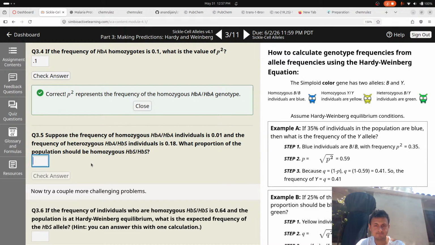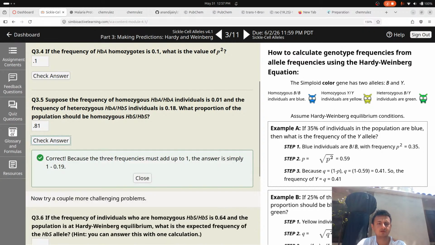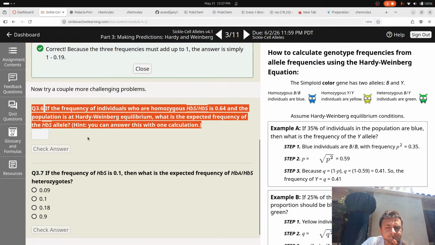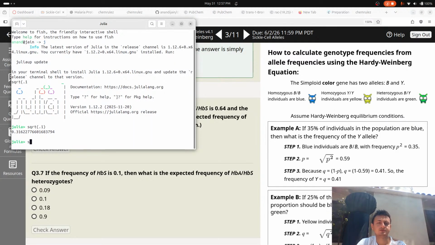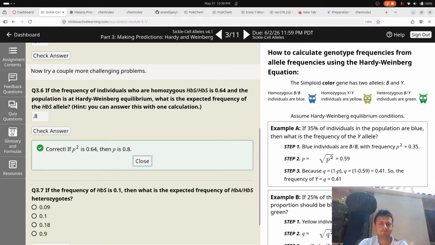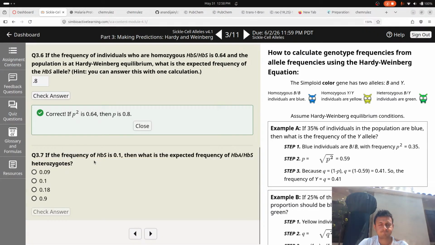0.19. Did I do my math right? So q squared. Okay, so q equals 0.1, p equals 0.9.